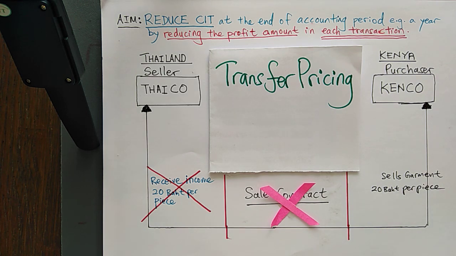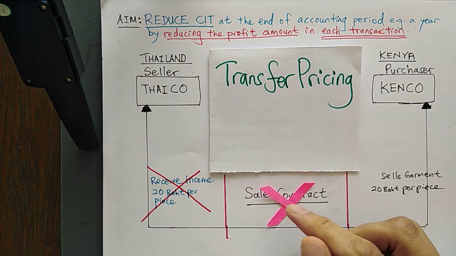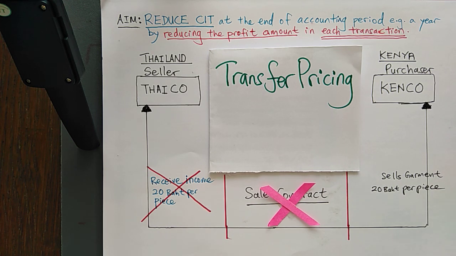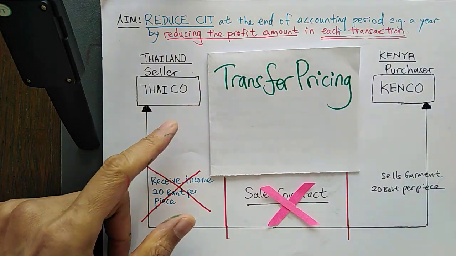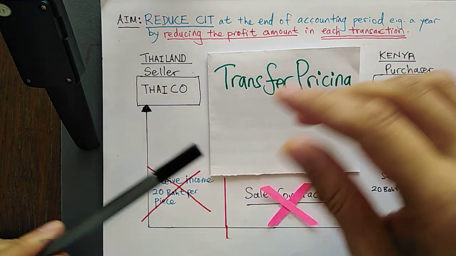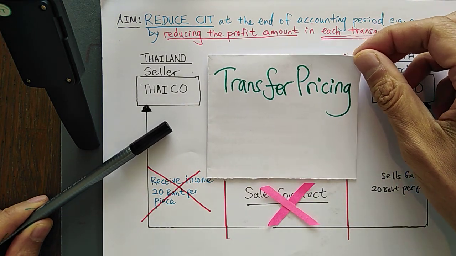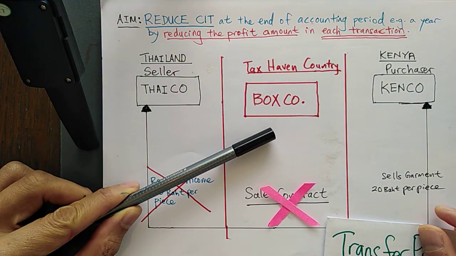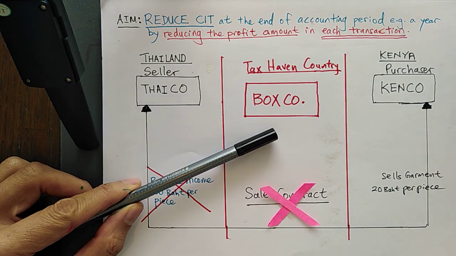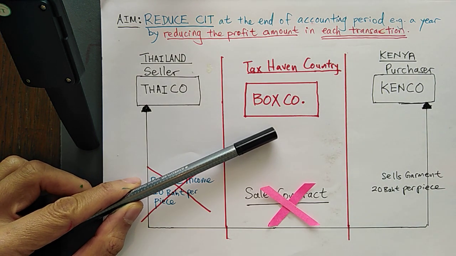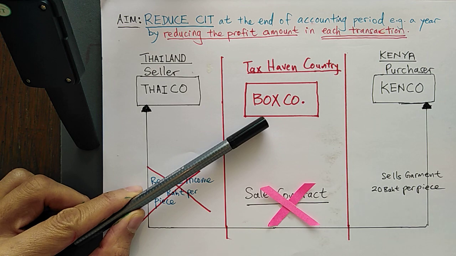So what you would do to try and reduce Thaiko's corporate income tax exposure at the end of the year or the accounting period is for Thaiko to set up a company, we call it box company, in a tax haven country.